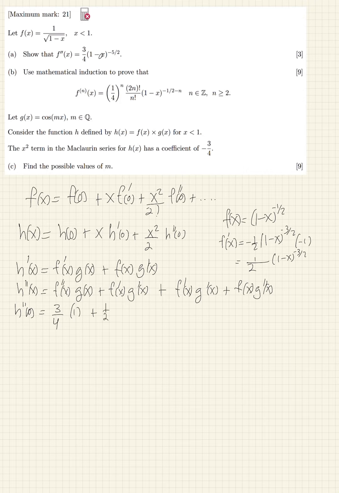And g prime of x is going to equal minus sine mx. You got to be careful, right? The chain rule always applies, times the derivative of the inside function. So g prime of 0 is going to equal minus sine of 0 times m, and the sine of 0 is 0.